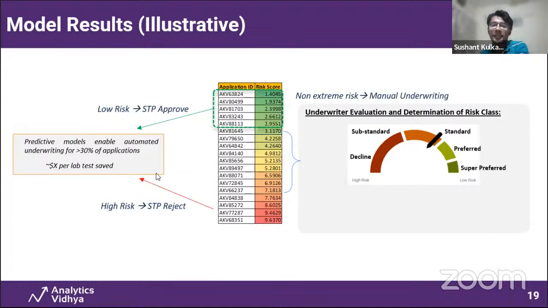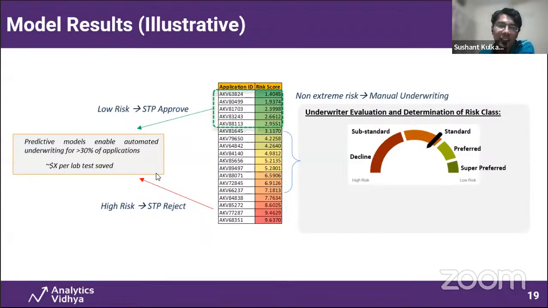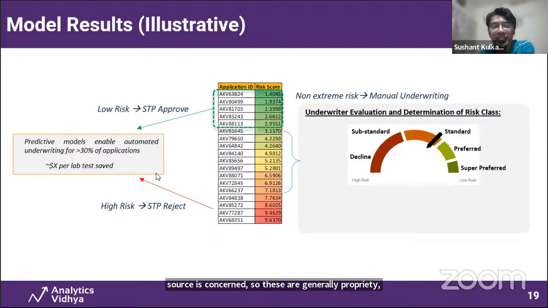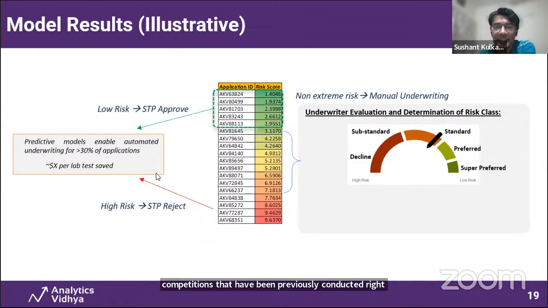But you can also look at a couple of Kaggle competitions that were conducted previously. There's one from Prudential on Kaggle that happened like 5 years ago. That would be one data set which is very similar to this, so that is something you could look to.